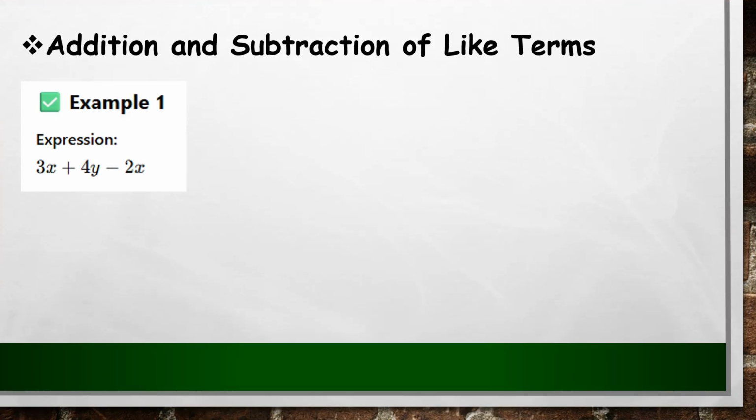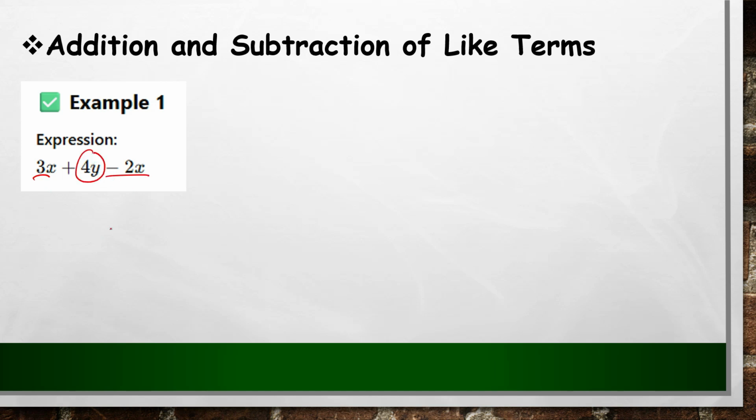So alright, let's go to the addition and subtraction of like terms. For the first example, to add or subtract like terms, the one thing that we have to consider is that the terms should be like or similar in order for us to perform the mathematical operation. So here, the terms that are similar are 3x and negative 2x.